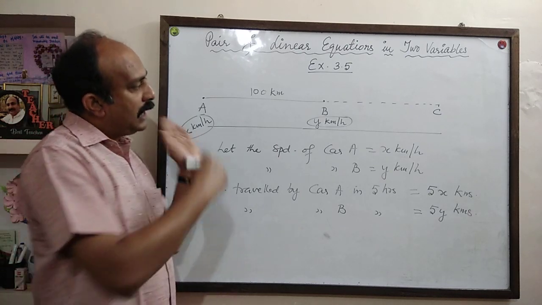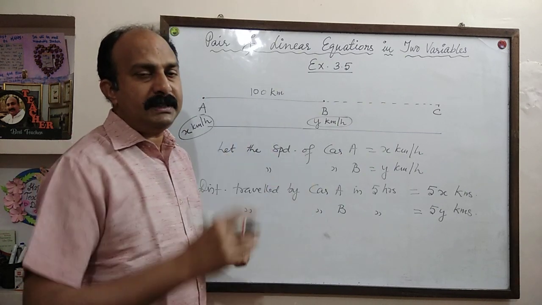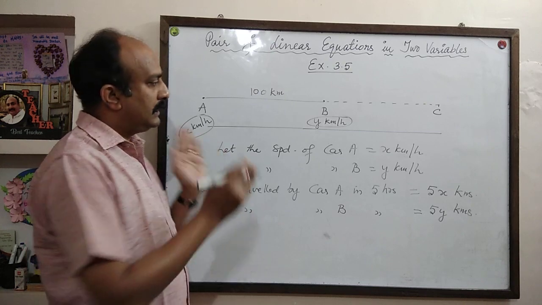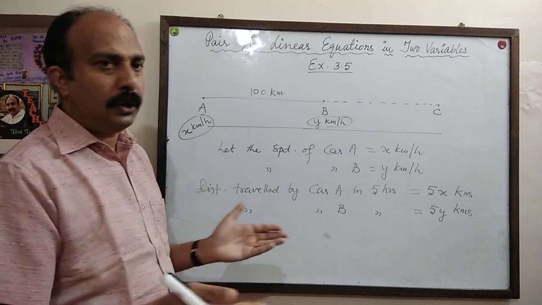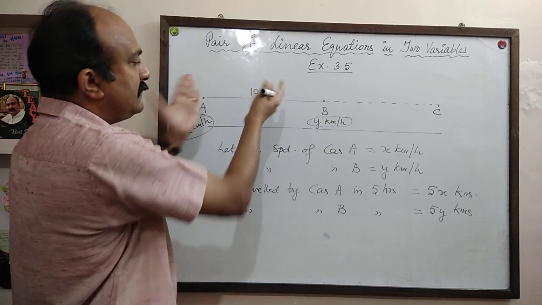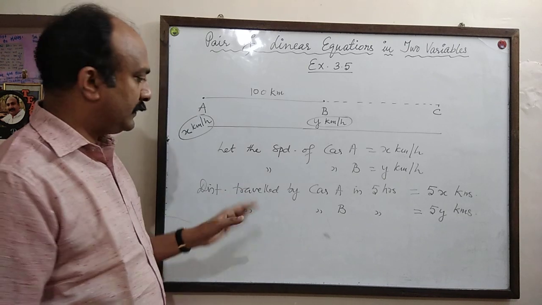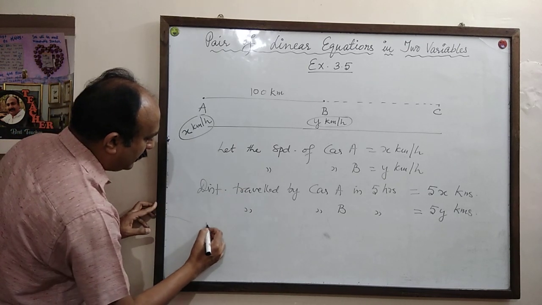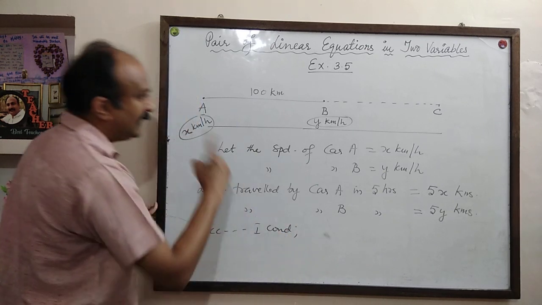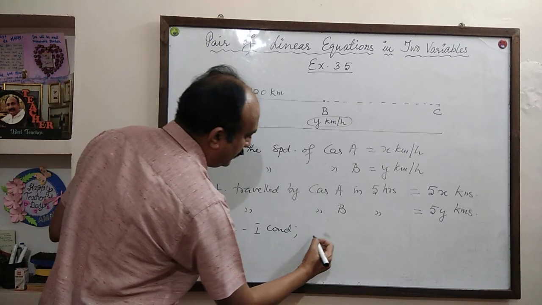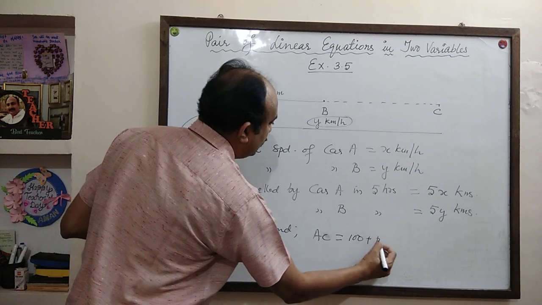A has travelled 100 plus BC. B has travelled only BC. So what is the relation? AC is equal to 100 plus BC, or AC minus BC is equal to 100. You can make the equation in any of these two ways. So we can write according to first condition, AC is equal to 100 plus BC.